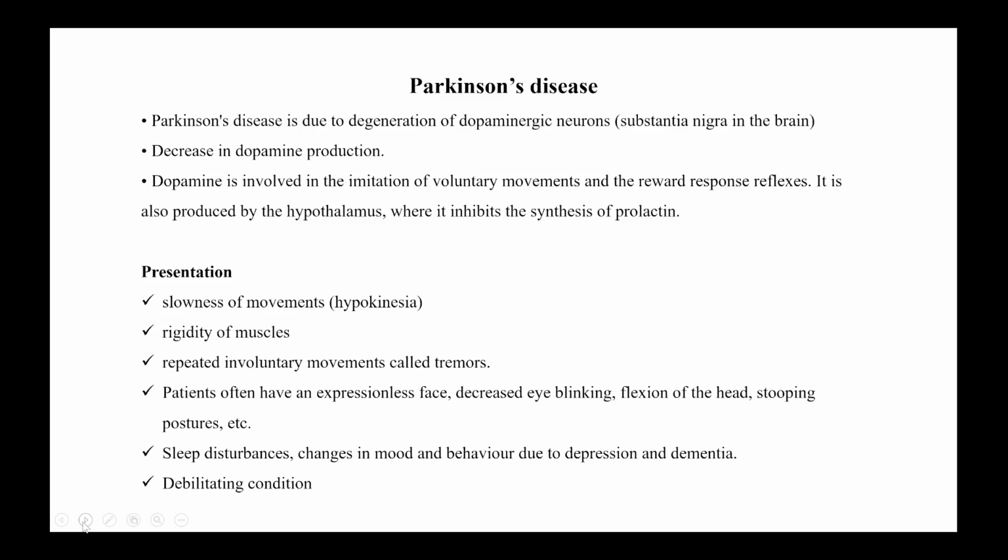And what are the effects of this disease? Due to the lack of dopamine production, there's a slowness of movements, there's rigidity of the muscle, and repeated involuntary movements called tremors. So the patient gets tremors, their hands start shaking.